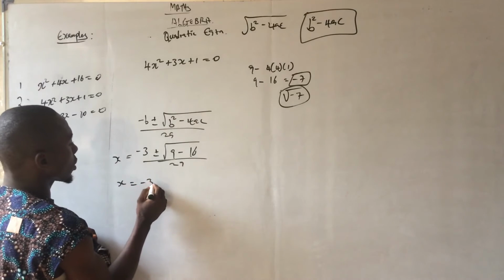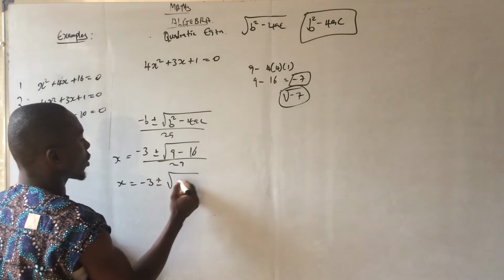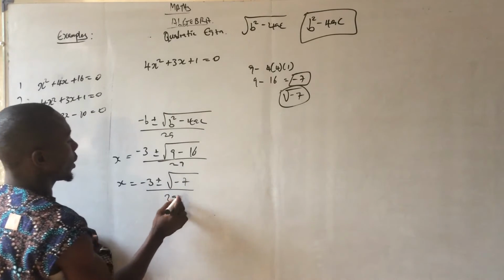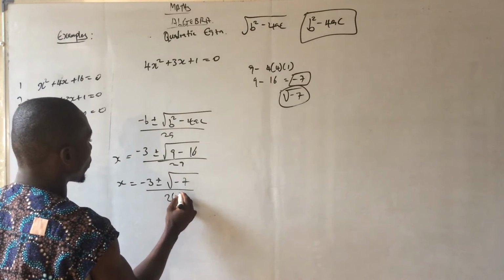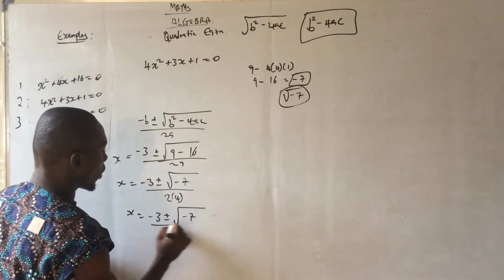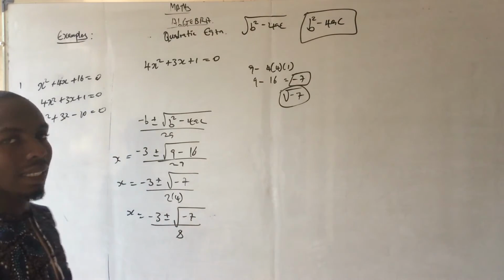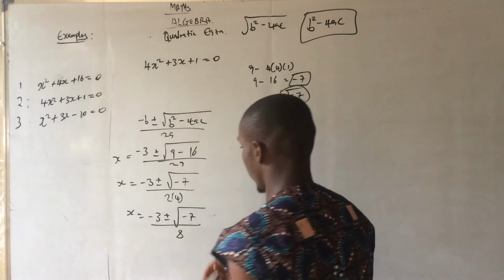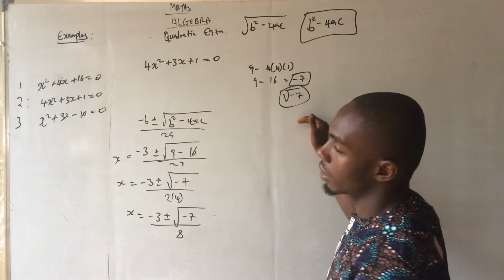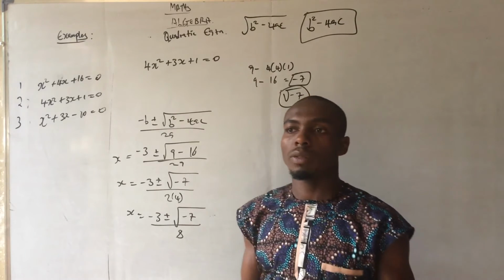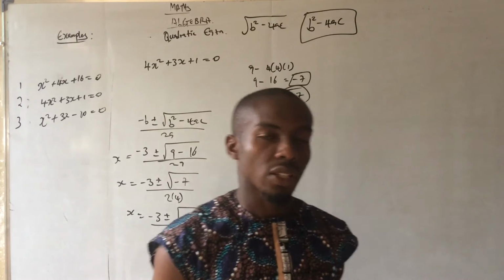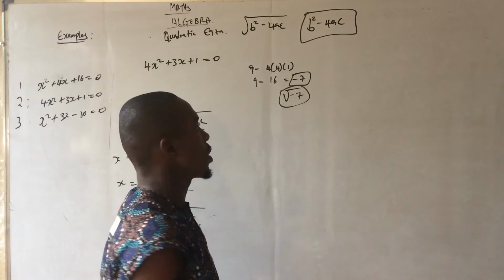Now x is equal to minus 3 plus or minus the square root of negative 7, all over 2 times 4, which is 8. And you cannot get the square root of negative 7 on a real line, so it is very wrong. So anytime we solve the discriminant and we get a number less than 0, it is not going to have a solution.